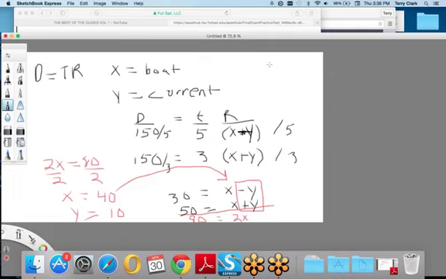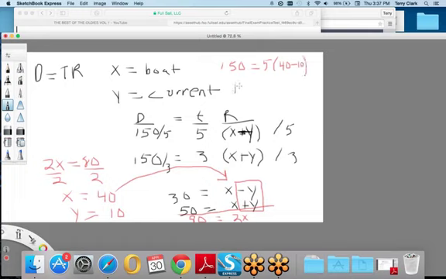Now, if we were to put that back into our original problem, where we said 150 equals 5 times, we'll do the first one. That's 40 minus 10, 40 for the speed of the boat and 10 for the speed of the current.